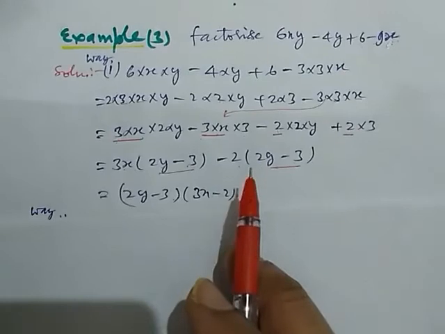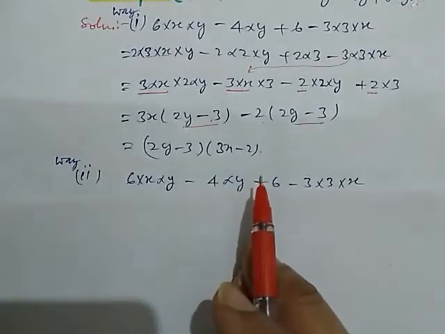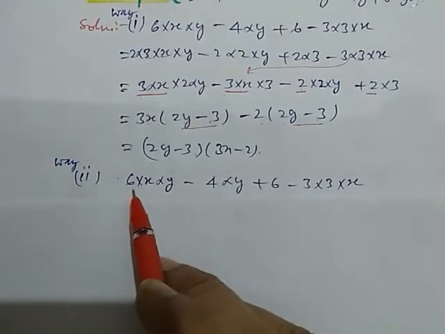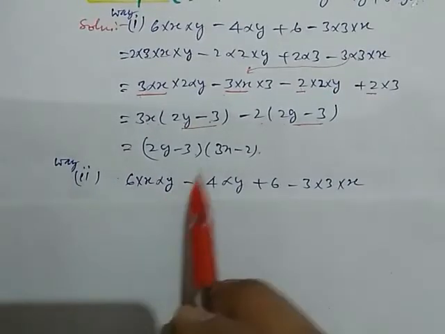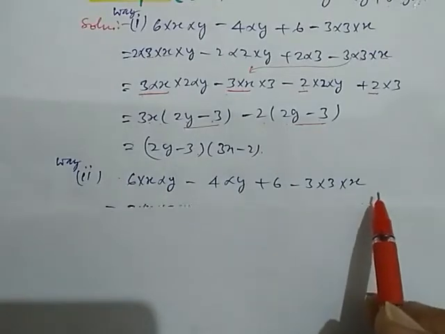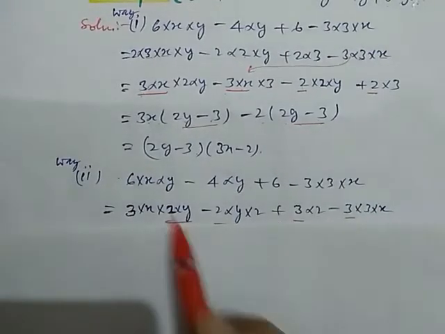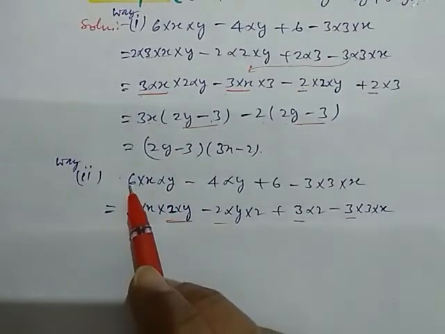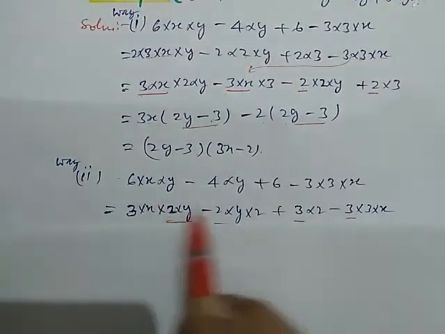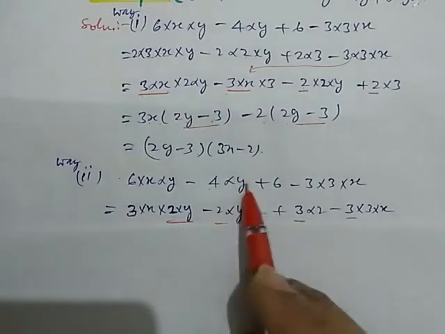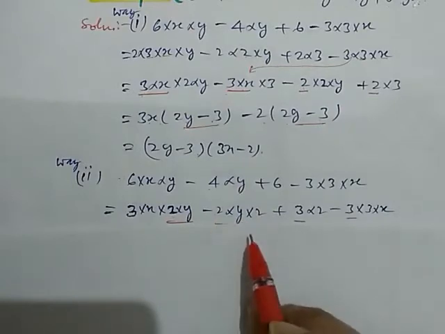Now we consider the second way. In the second way, we factorize 6 into x into y, 4 into y, plus 6, minus 3 into 3 into x. Here, when we factorize this 6 as 3 into 2 and x into y, we put 2y together because 4 into y also has 2y.